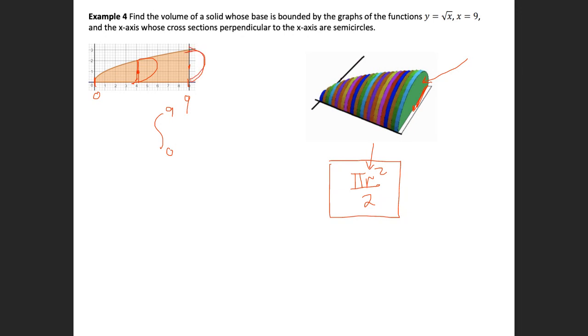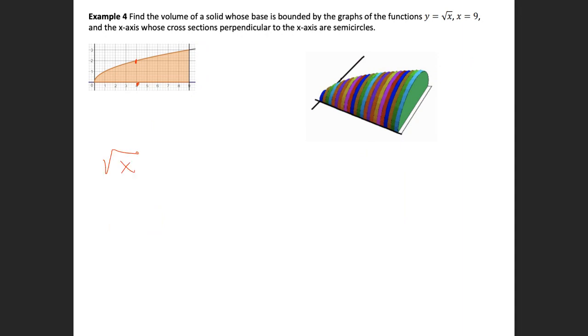Okay, so what is this graph? Isn't this graph y is equal to the square root of x? So if you plug 4 into this function, what's this value up here? 2.